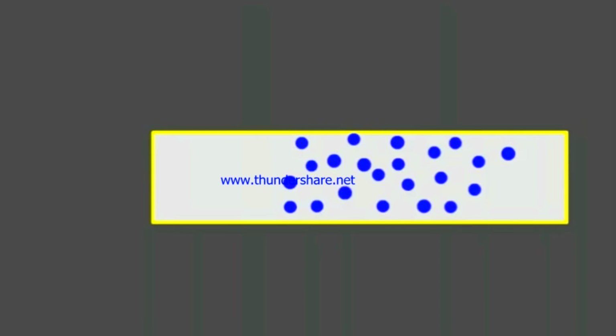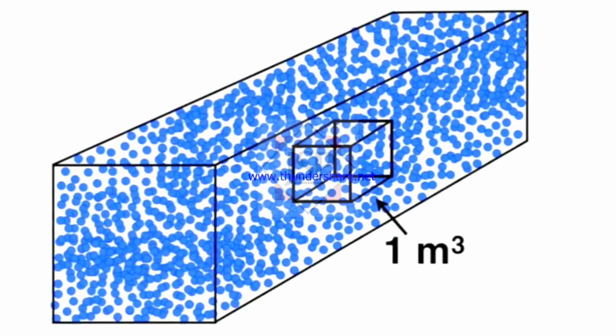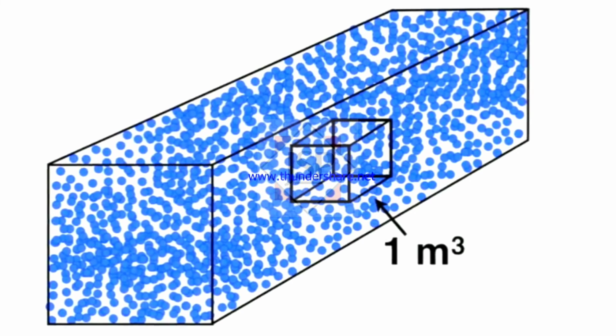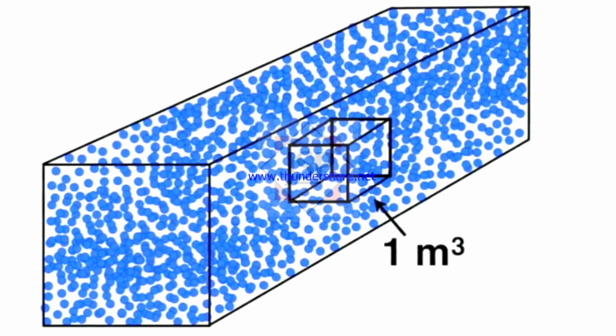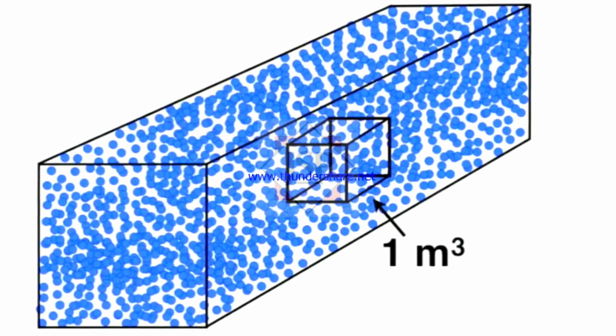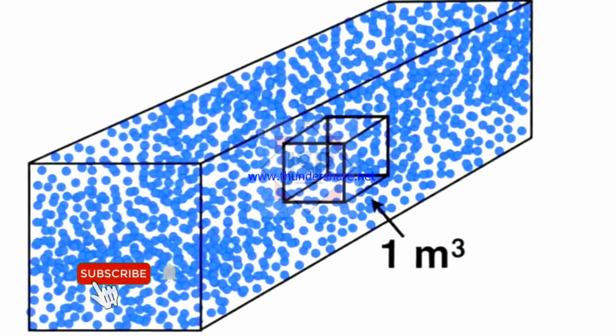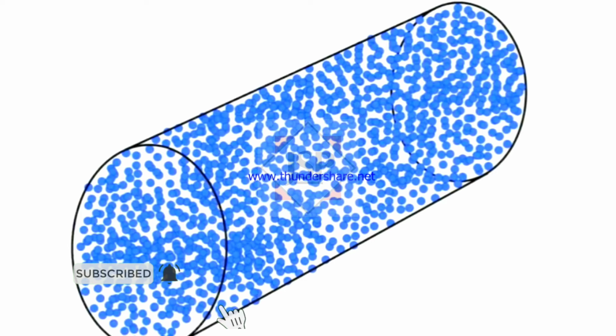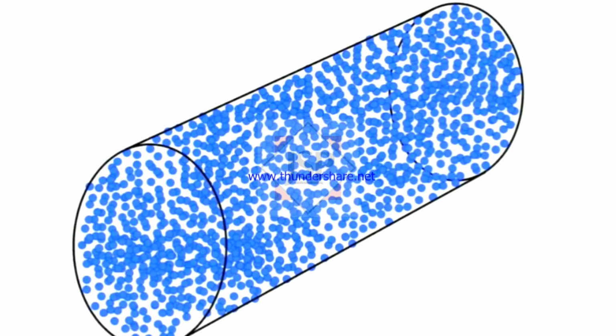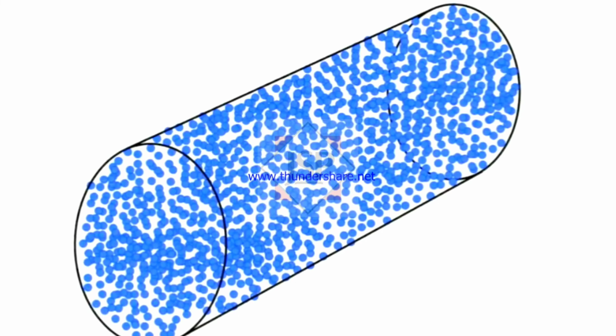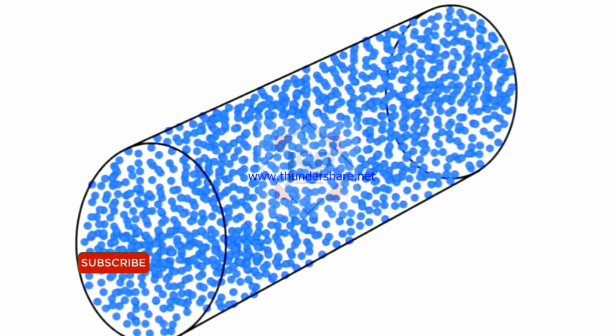It is this drift which is an electric current, and the average speed with which the electrons drift is called the drift velocity. When a current flows in a conductor, this quantity is calculated in the number per cubic meter, which in metals is a huge number of electrons. If we imagine a piece of wire and magnify it, and the length of this wire is equal to the average distance travelled by an electron every second.